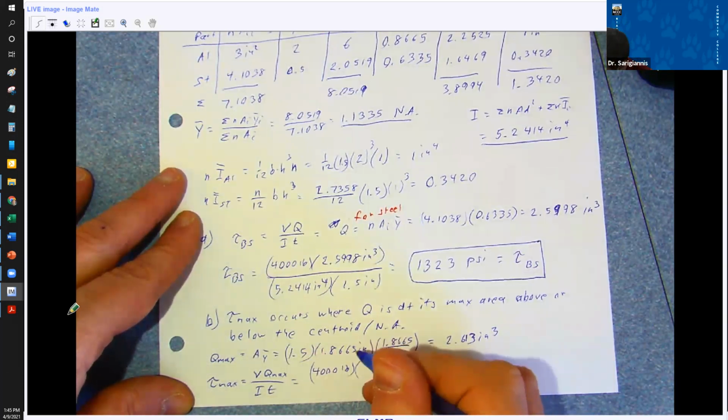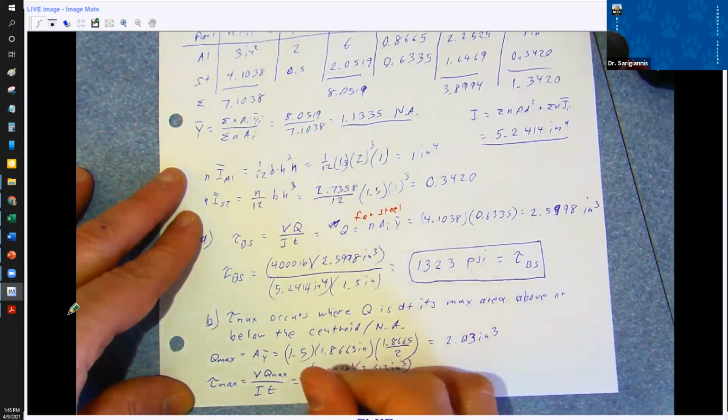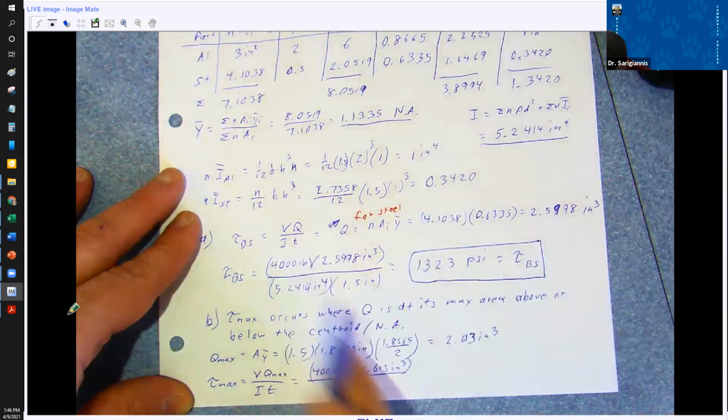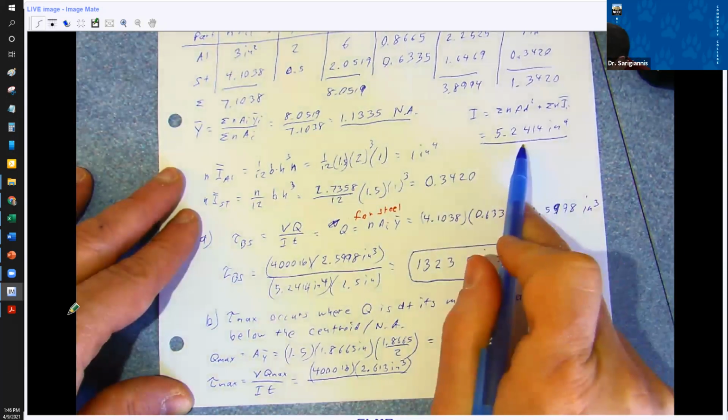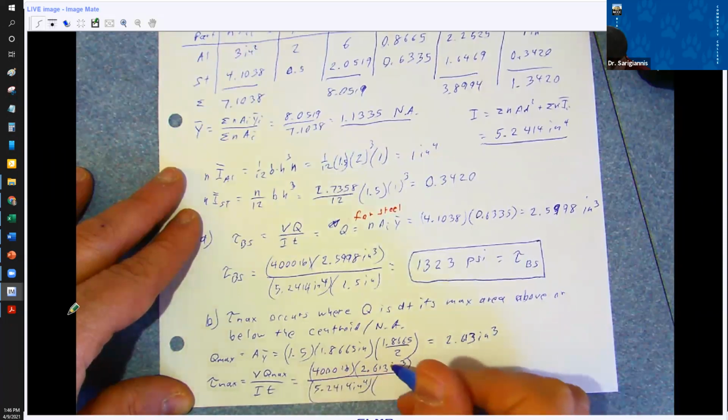We've got the 2.613 inches cubed, 5.2414, and then 1.5 inches.